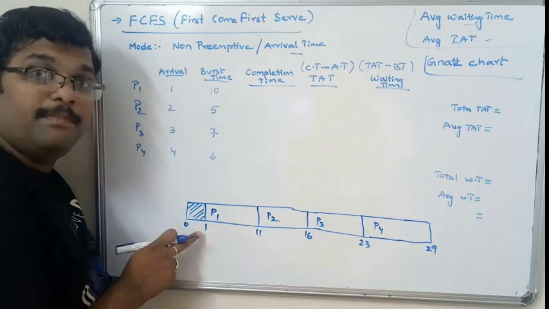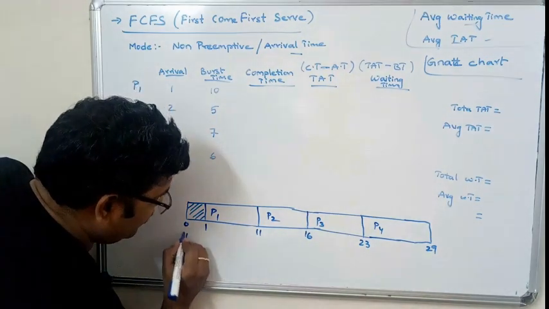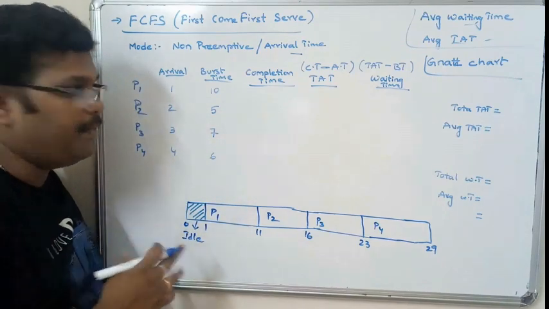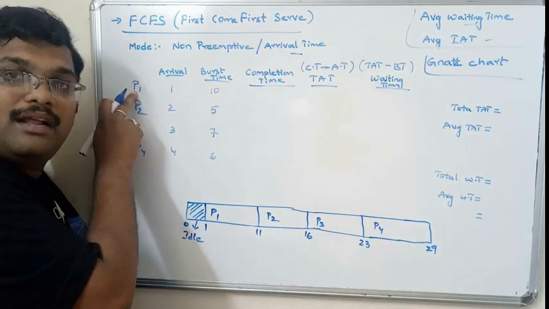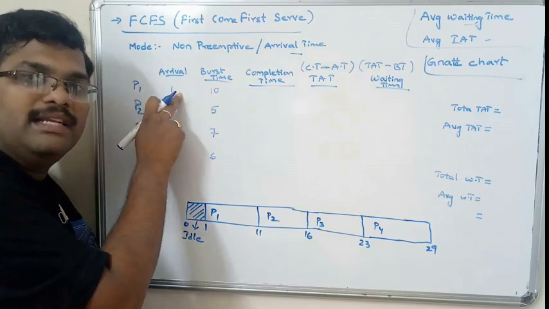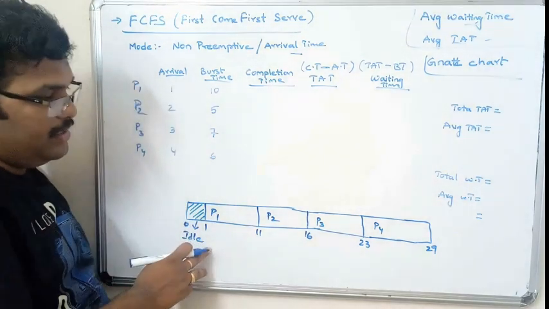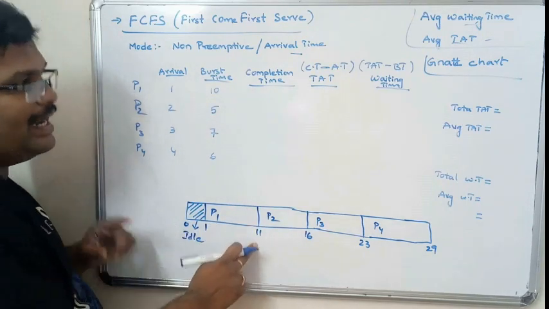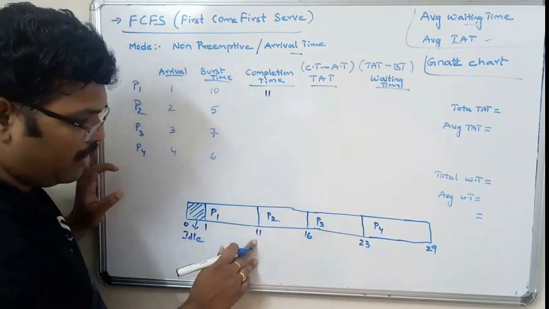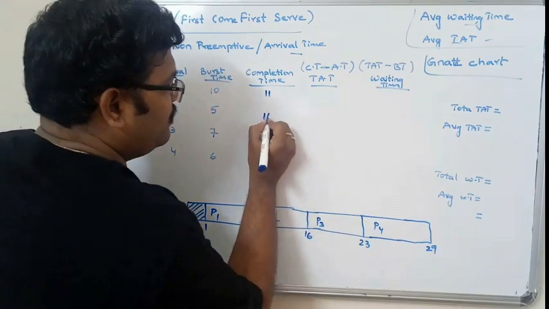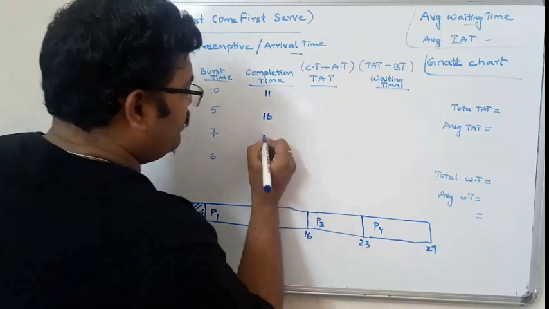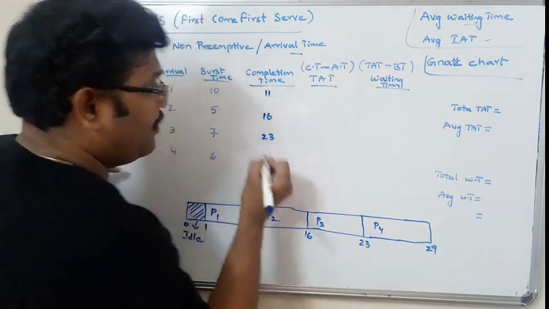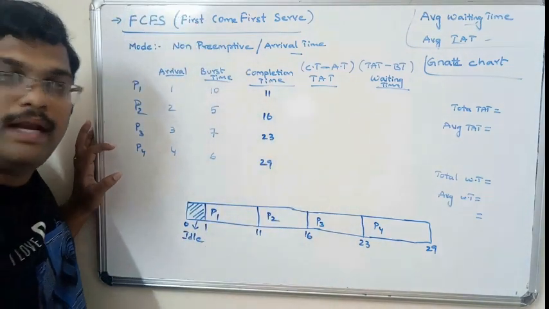From 0 to 1 the CPU will be in idle state, because the process enters the ready queue from 1 millisecond itself, right? Now what is the completion time? The completion of P1 is 11, completion of P2 is 16, completion of P3 is 23, completion of P4 is 29, right?